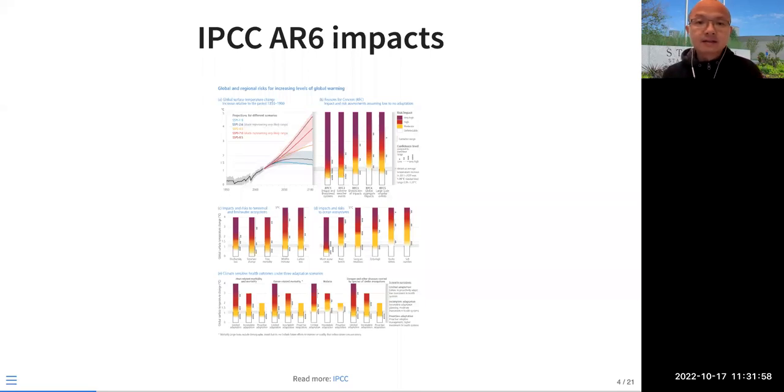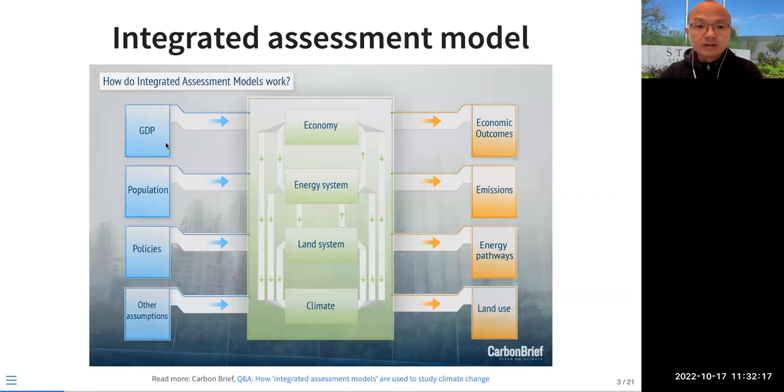And this is an example of the risks or impacts of different scenarios. And those scenarios, as you can see here, SSP, is a shared socioeconomic pathway, with different assumptions of GDP, population, policies, and other assumptions.